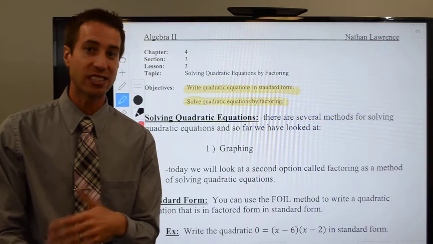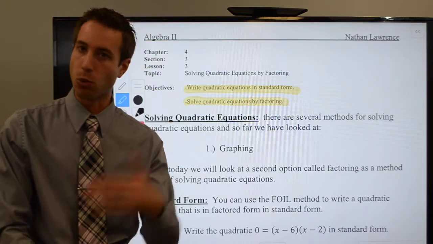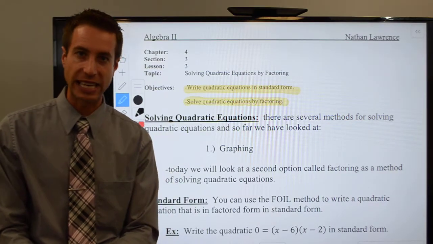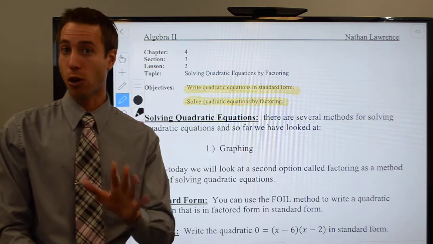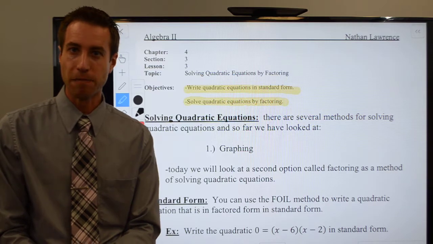Hopefully you have seen it in Algebra 1, and if you haven't, don't worry, we'll go over all of it again. For most of you it should be a review of factoring techniques you learned in Algebra 1.